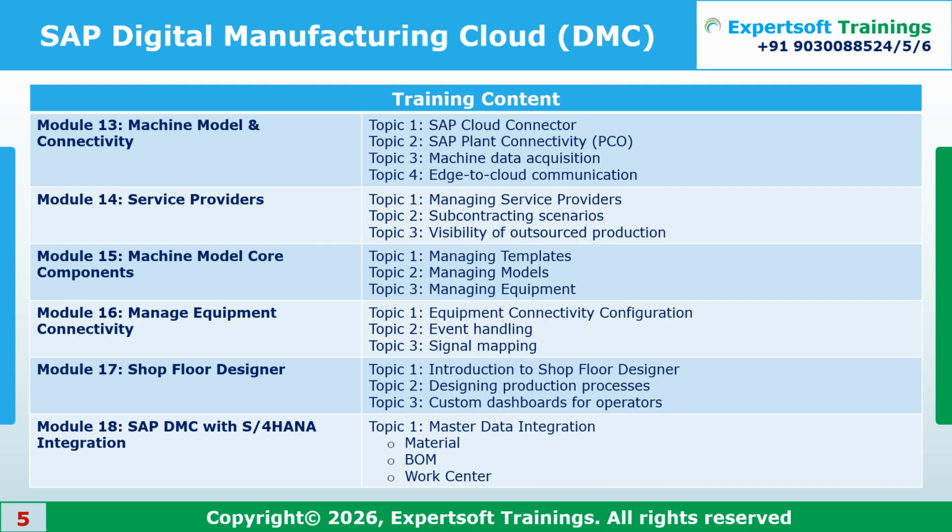As I mentioned, for the peripheral devices we need the Pico, and for the SAP connectivity we will need the SAP Cloud Connector. As I mentioned, we will have the intermediate system, that is the BTP. So for that connection we will need the SAP Cloud Connector and so on.